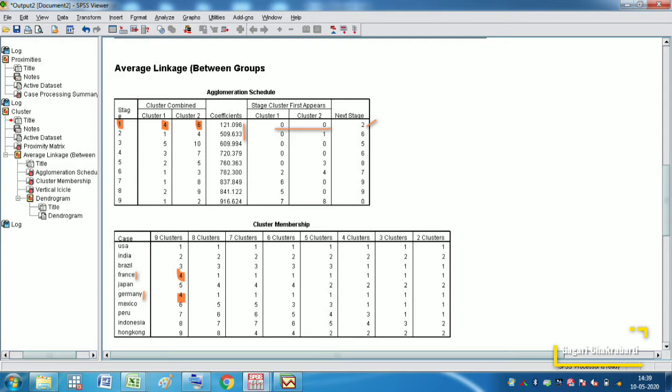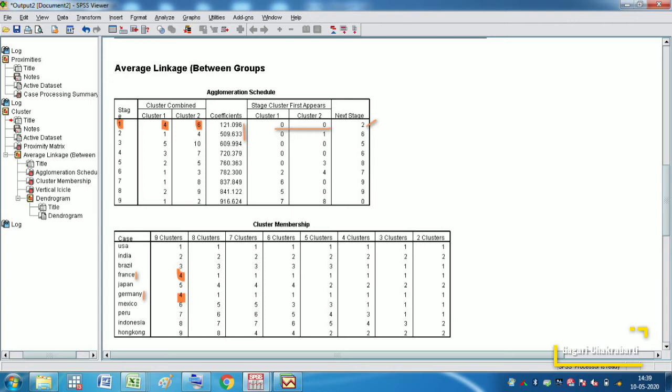The agglomeration coefficient reflects the extent of similarity among members that forms clusters in a certain stage. A sudden huge rise in the coefficient would imply that intrinsically dissimilar objects are being combined at this stage. Hence, this clustering is not acceptable. We should stop at the previous stage to find out the optimum number of clusters.